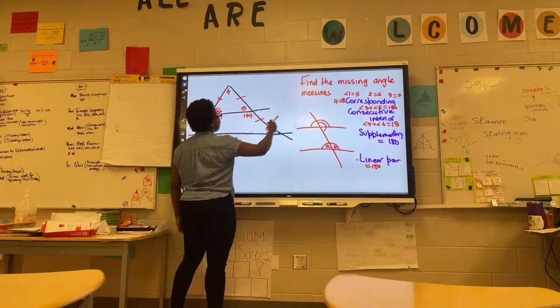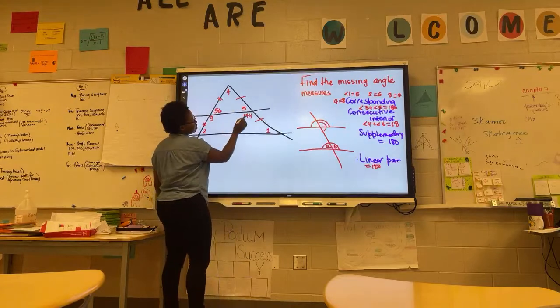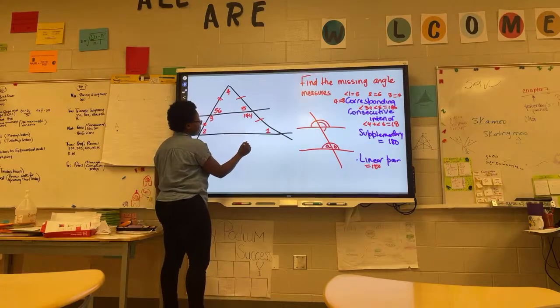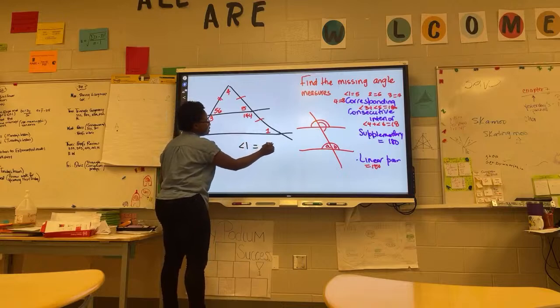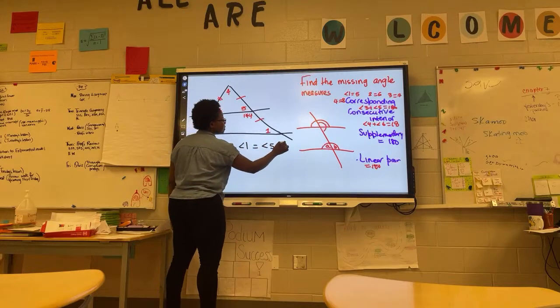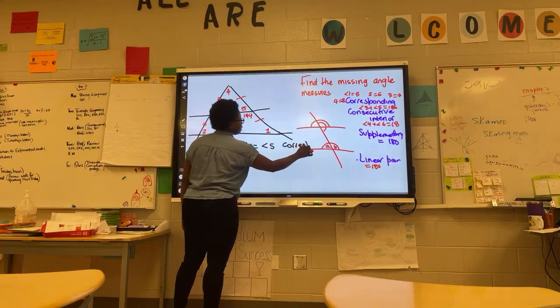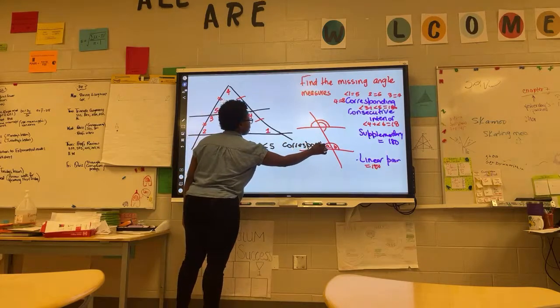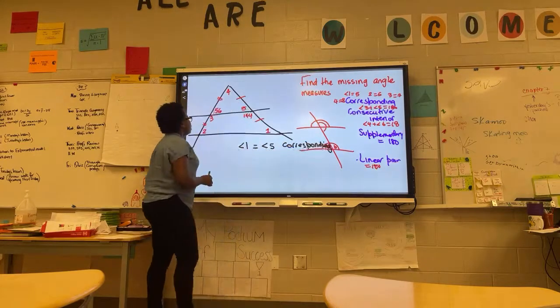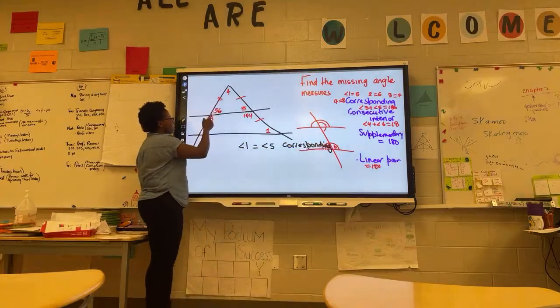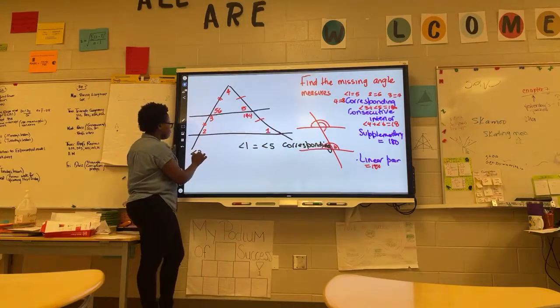Thinking about corresponding, you'll see that angle 1 is equal to angle 5 because they are corresponding angles. You will also see that angle 2 is equal to angle 6, because again they're corresponding angles.